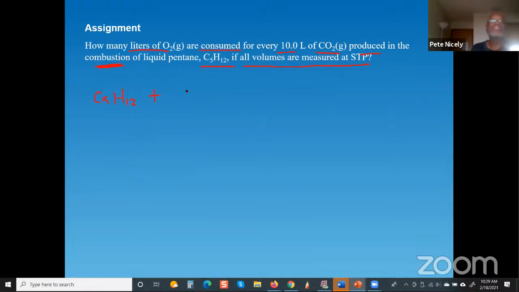We did this, I think, in chapter 2 or chapter 3. No, I think it's chapter 2. When you're burning something in air, what are you reacting it with? What component of air will it react with? Hint, hint, hint.